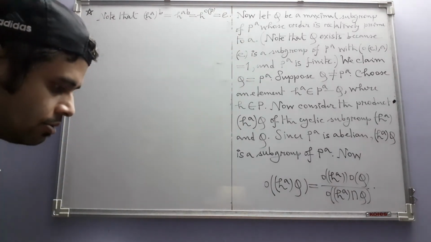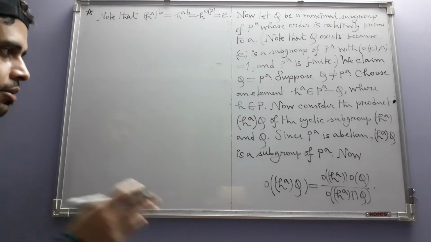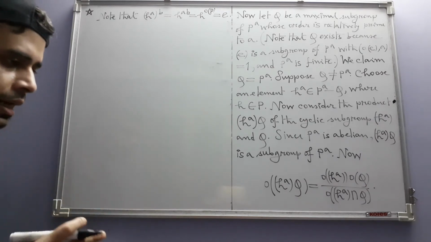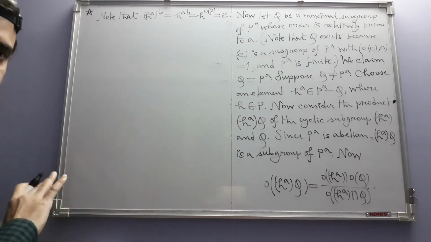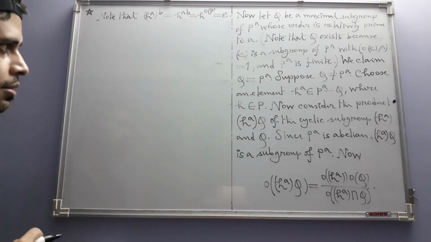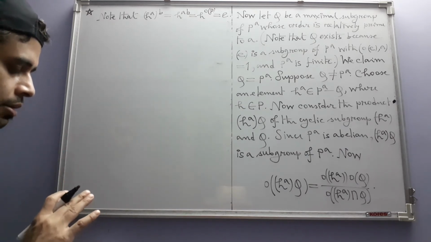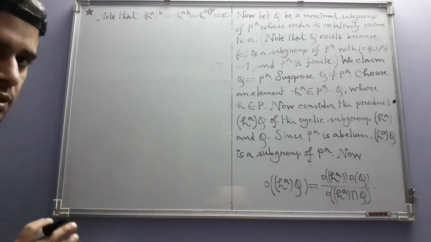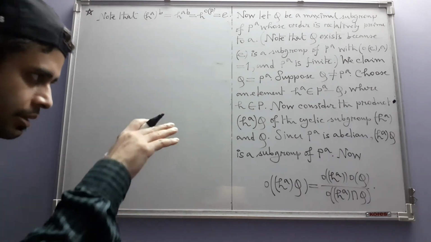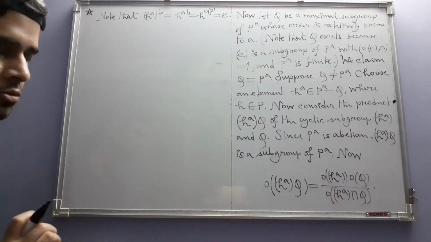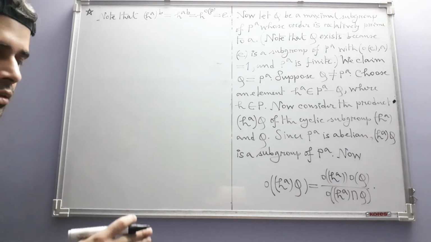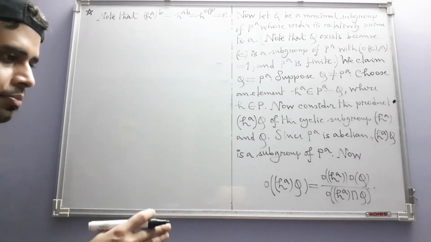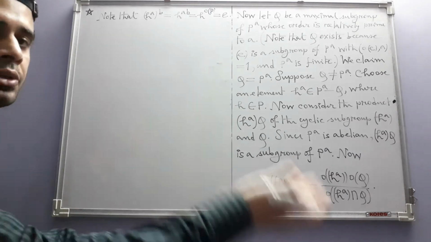Now we are going to use the result of exercise 36, I think it is, which we have already used in some previous exercises. We are allowed to use this exercise because it appears in this set of exercises itself, and in its proof we don't need anything from a section that comes after this section.